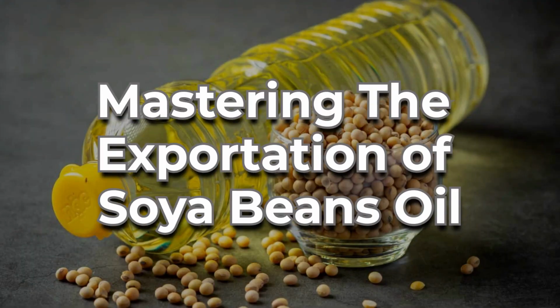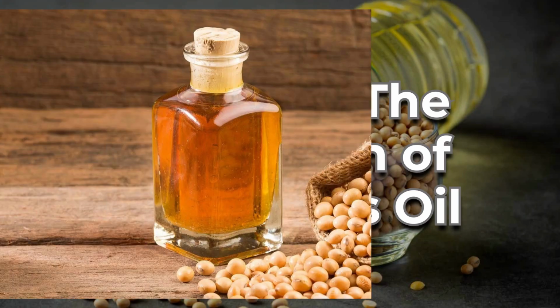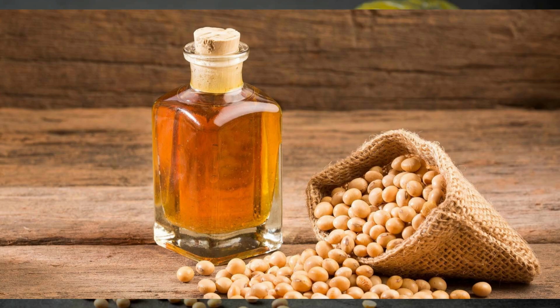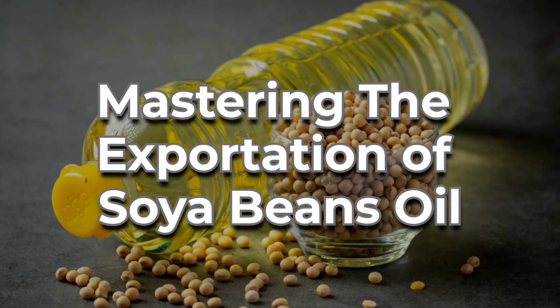There are different types of soybean oil. Number one, we have the crude, the degummed, and the refined. The crude, this is the unrefined oil after solvent extraction. It has a yellow color, strong bean flavor, and it's not suitable for most cooking applications. It's typically used for industrial purposes.